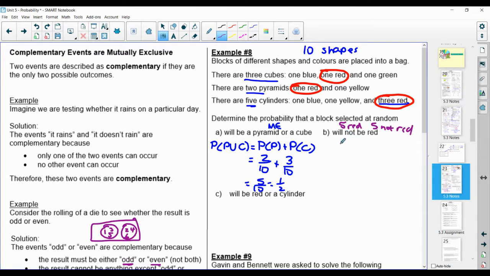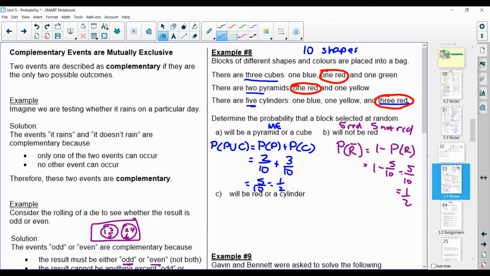So the probability that it will not be red is 1 minus the probability that it will be red. So 1 minus 1/2, or 1 minus 5 over 10, equals 5 over 10, which equals 1/2. Now again, you can just count those up and say, well, there's 5 out of 10 that aren't red.